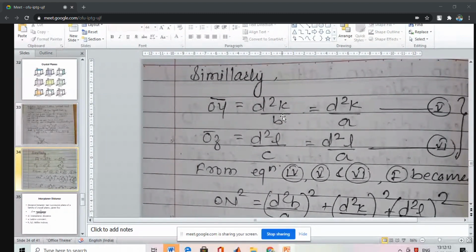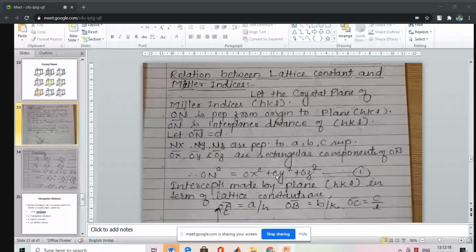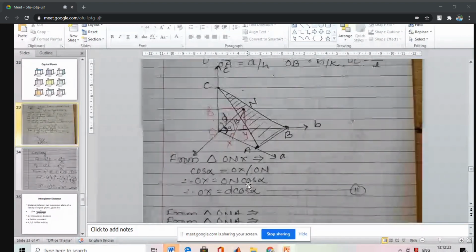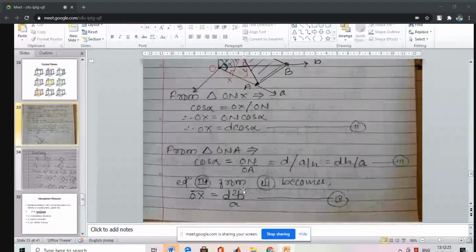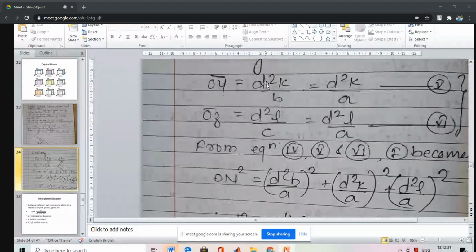Instead of the first index of the plane, h, for OY the second index of the plane will come. D will remain the same, d square. Second index of the plane is k and the lattice constant is b.